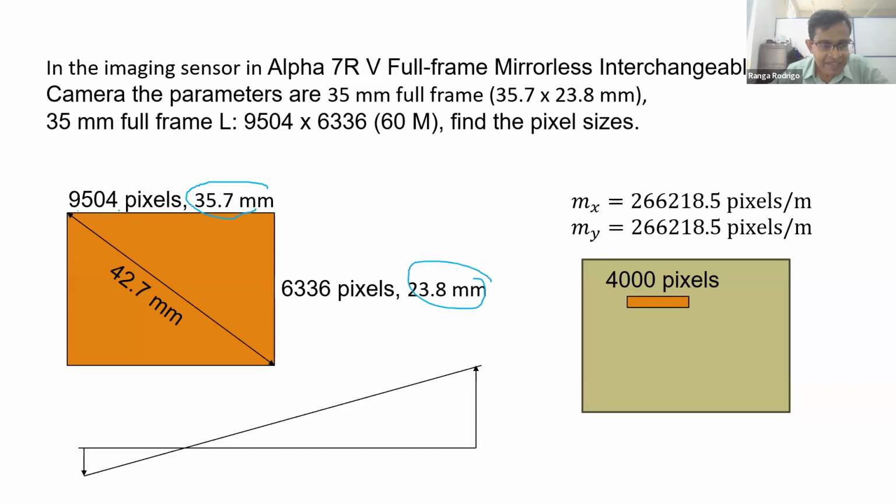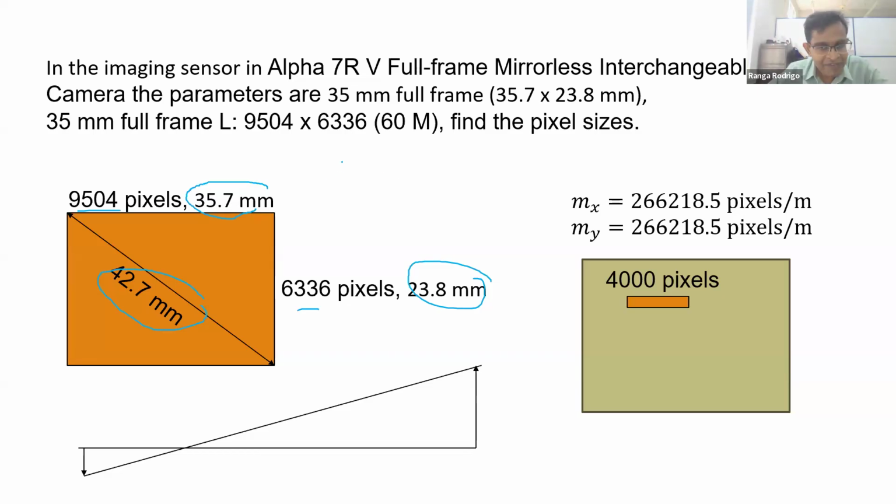This has that many pixels, and the diagonal length is also there. Find the pixel size. How can you find the pixel size? The size in millimeters is there and the number of pixels is there, right? So in millimeters, you can find the pixel size.